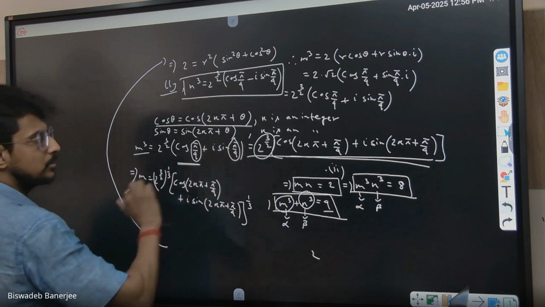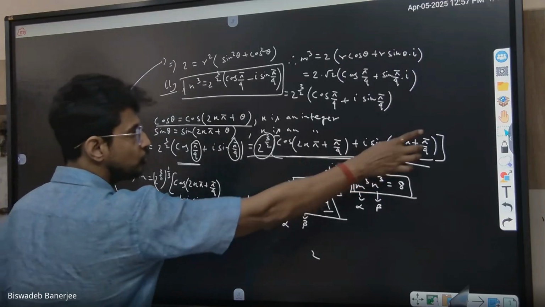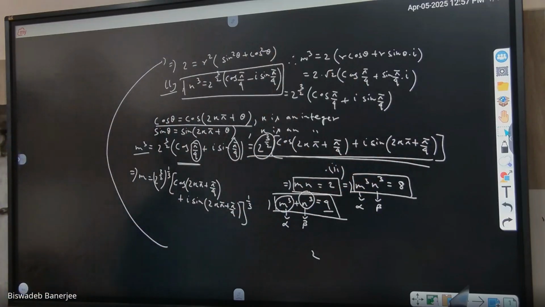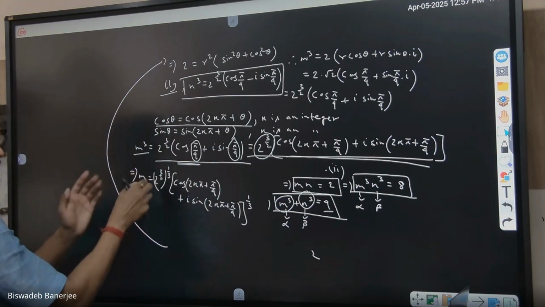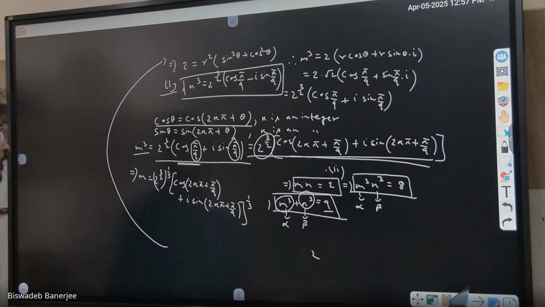Similarly, because this is my n cube, this is my n: this to the power 1/3.